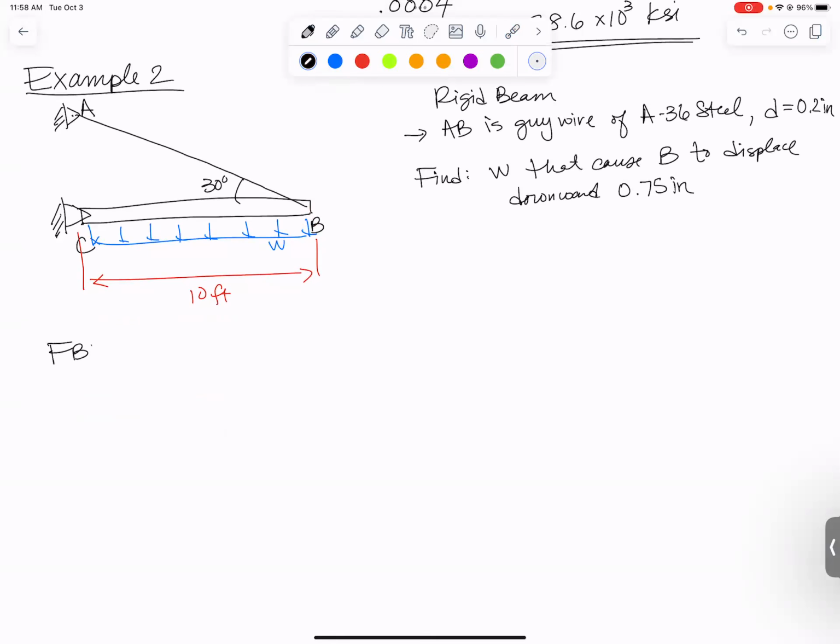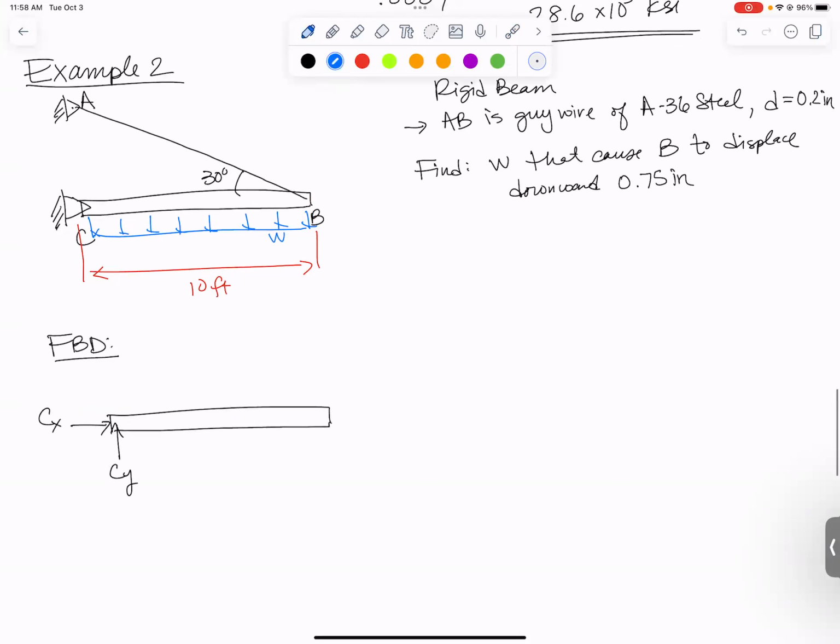I need a free body diagram, and I'm going to do that beam from B to C. So C had a pin, so I'm going to have an unknown Cy and an unknown Cx at the pin. That distributed load, I'm going to replace by an effective point load whose magnitude will be W times 10 feet because it acts over a 10-foot length.